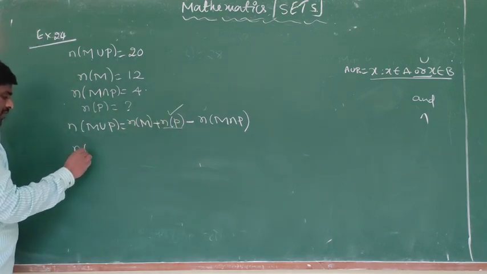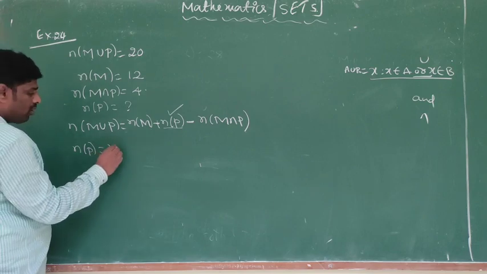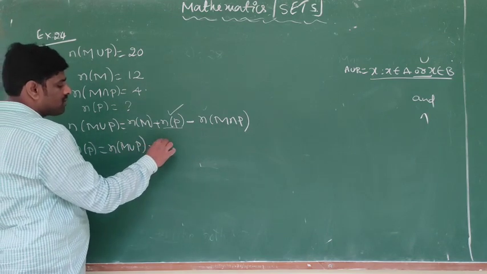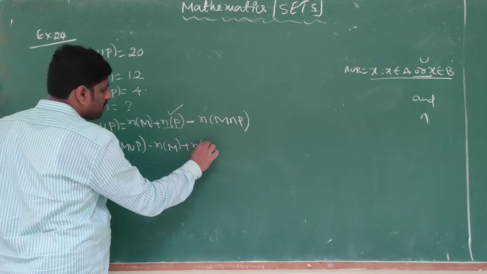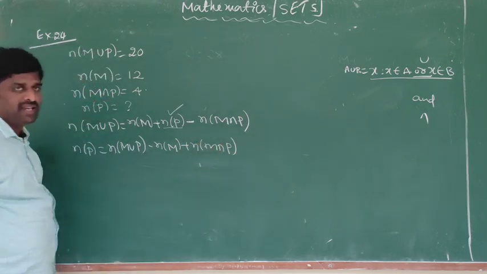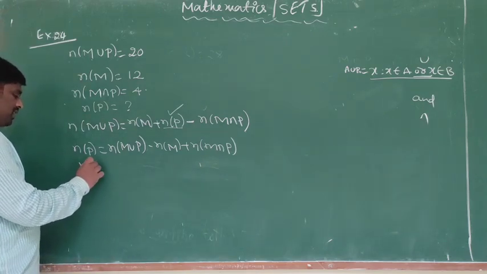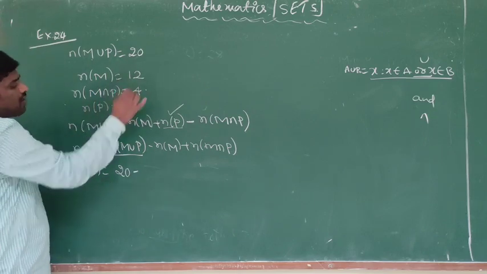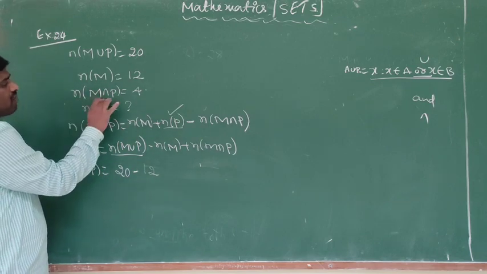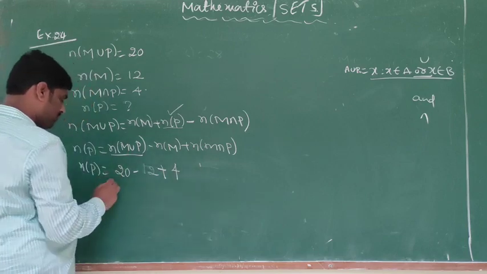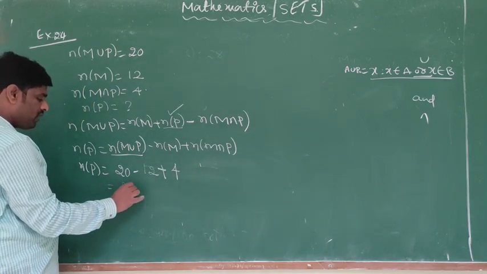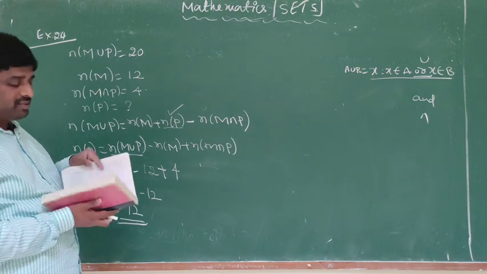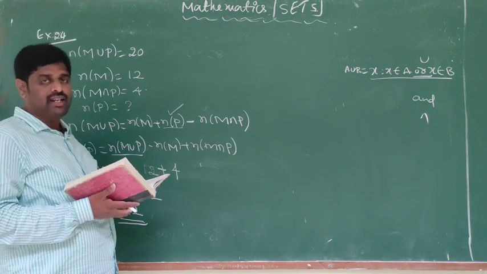Now I want to find n of P. n of P is equal to n of M union P minus n of M plus n of M intersection P. n of M union P is 20, n of M is 12, n of M intersection P is 4. 20 plus 4 is 24, minus 12, that is 12. Okay, 12 teachers can teach only physics.